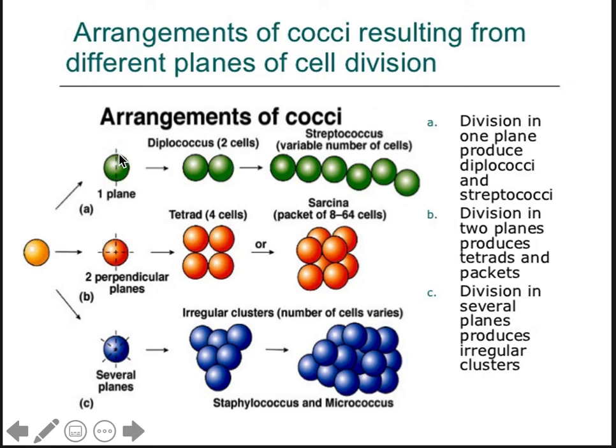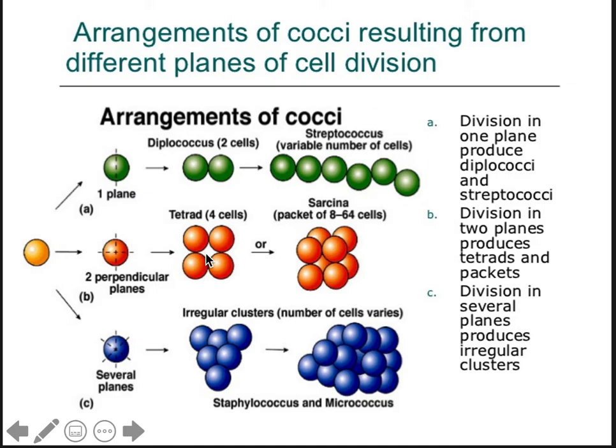If it divides always on one plane, then you're going to get diplococci, and if they stay attached while they continue to divide, then you'll get the formation of streptococcus. However, if it has two planes of division, where sometimes it divides one way, sometimes the other way, then you can get the formation of a tetrad, like the square, right?